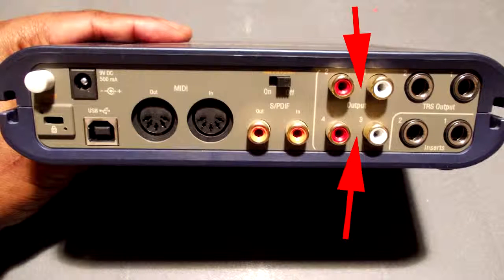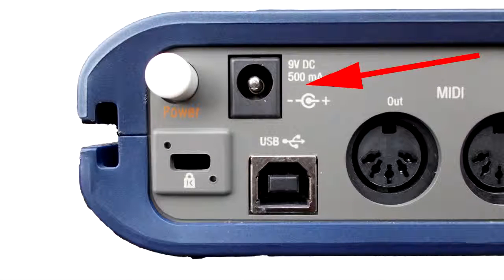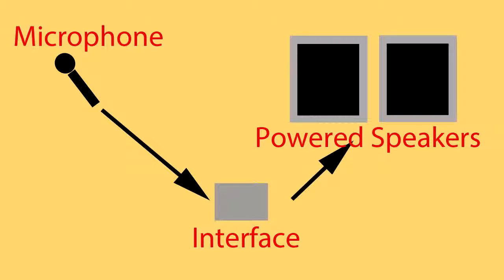It also has 2 sets of stereo RCA jacks, as well as 2 mono 1/4-inch outputs. And lastly, this interface is externally powered, which means it can be used independently without a computer for live performances.